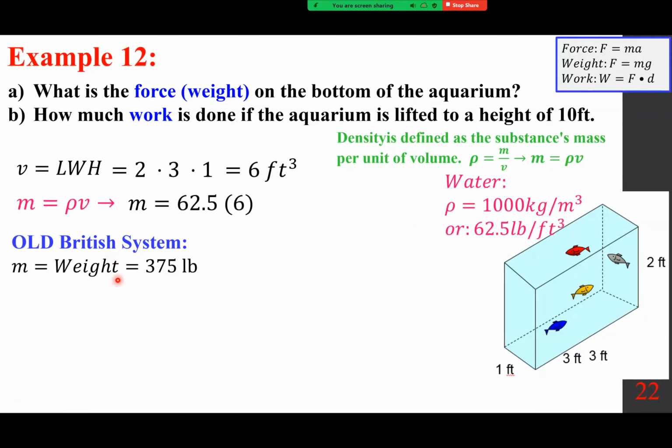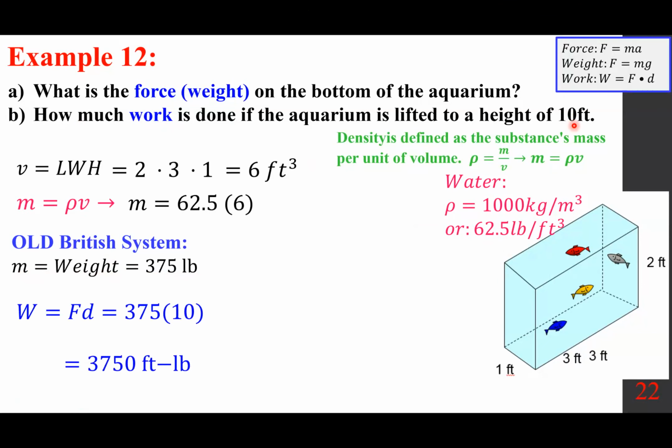In the old British system, they call the M as weight. So for part B, how much work is done, it's F times D, and the distance is given as 10 feet. So we have 375 times 10 makes it 3,750 foot-pounds. This is the unit of work for the old British system.